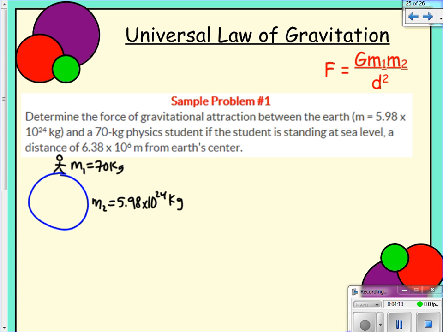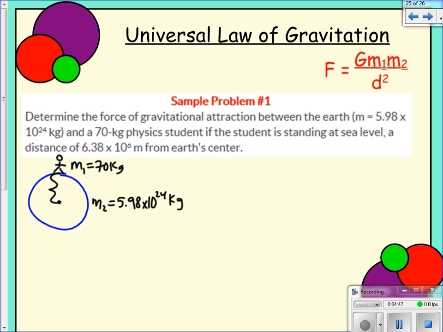Now, G is a constant, so the only thing left is we need to know the distance between them. A student that is still learning this for the first time might be tempted to say, wait, if the student is standing on the Earth, isn't the distance 0, because there's no distance between the person and the Earth? Well, that answer is wrong on two levels. First of all, the distance in this formula is the distance from the person to the center of the Earth.